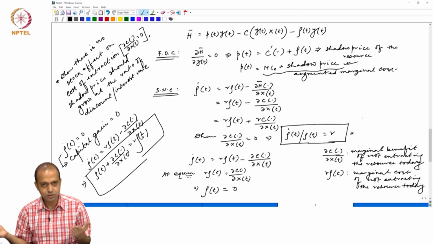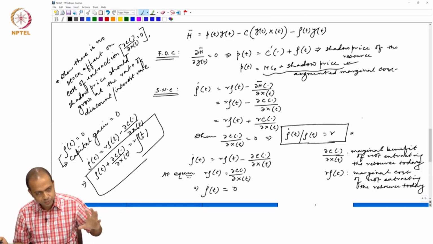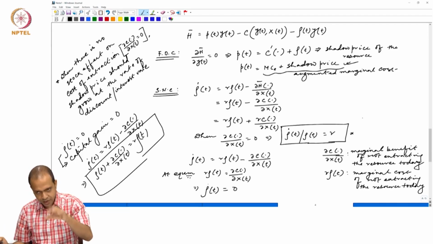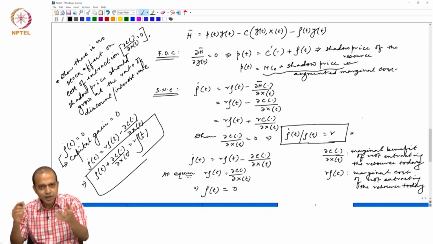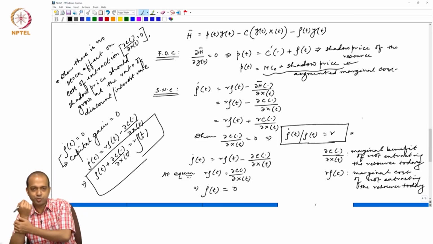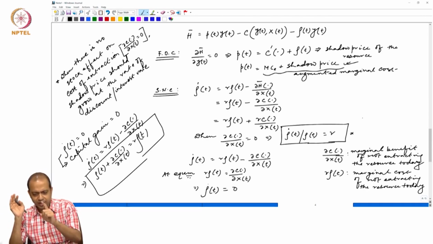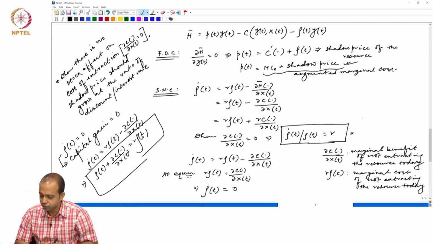Very simple, okay? Because if you do not keep the resource, there would be a capital gain, the price would change, and the rate of change of price is rho dot t by rho_t. Over time, at least that price should grow at the rate of interest. Otherwise, what is my incentive to preserve the resource? So, the change in price should be at least equal to r.